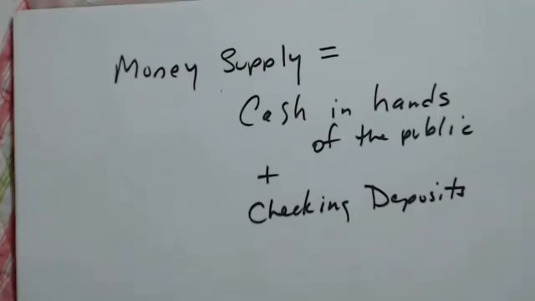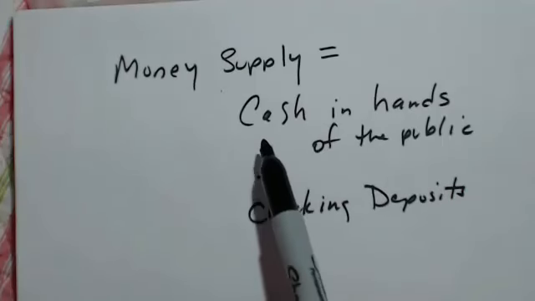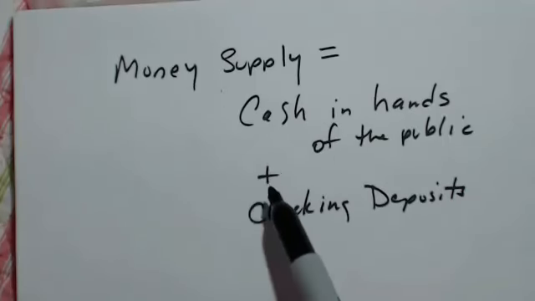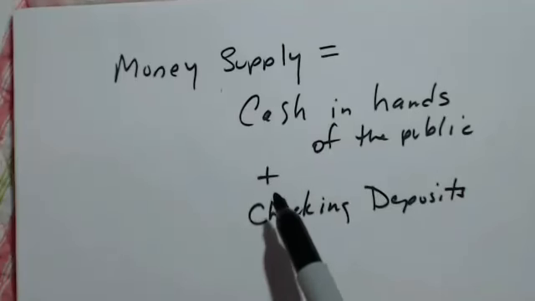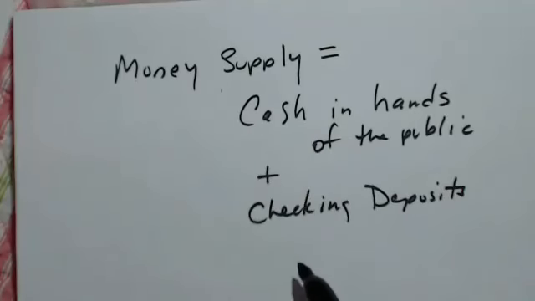Okay, that is the definition of money supply. So think about this now. This is the money that's in the pockets and cash registers of people and businesses, and it's also the checking accounts that people hold at banks.